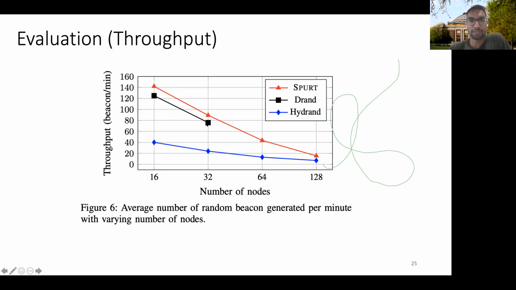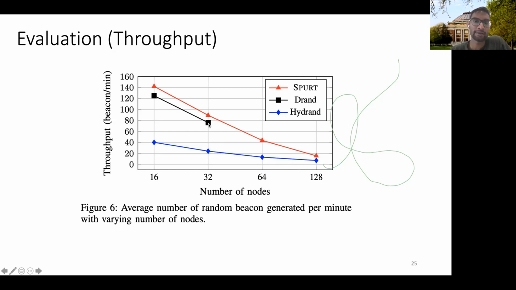For the DRAND evaluation, DRAND currently in the system generates one beacon every 30 seconds, but we try to aggressively reduce the delay parameter. Before I say that, I want to say that DRAND and Hydrant are synchronous. They require delta in their protocol execution.